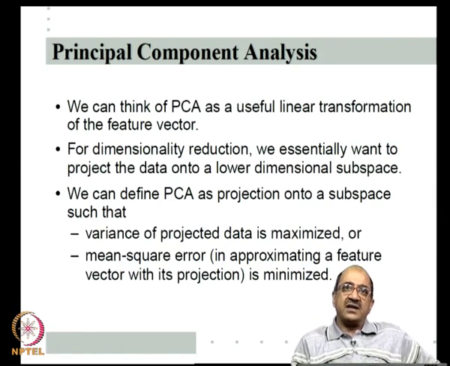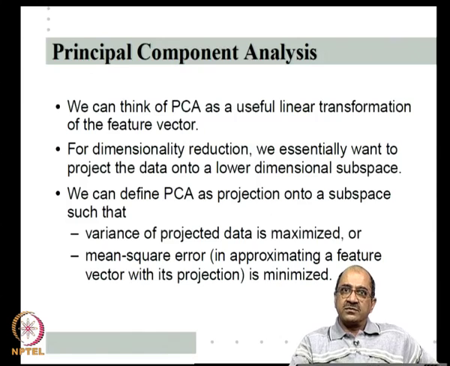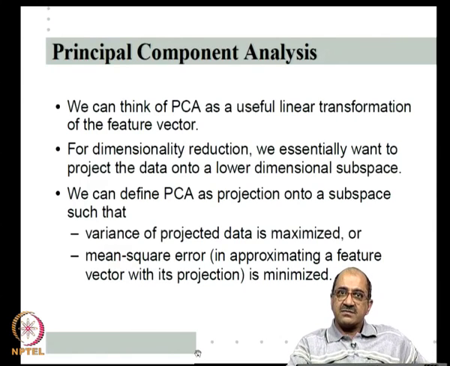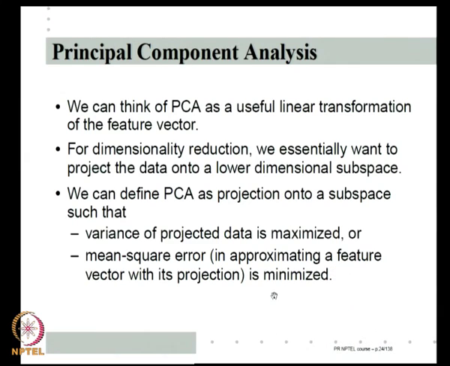Two is, if I want to approximate the original feature vector with its projection, I want to minimize the mean square error. So, I want to find that m-dimensional subspace such that approximating a feature vector with this projection, in the sense of mean square error, is best. As it turns out, the solution for both is the same, right. So, that is the PCA.